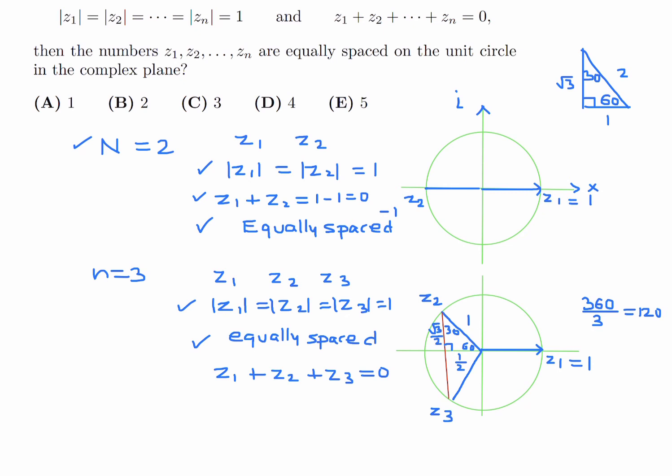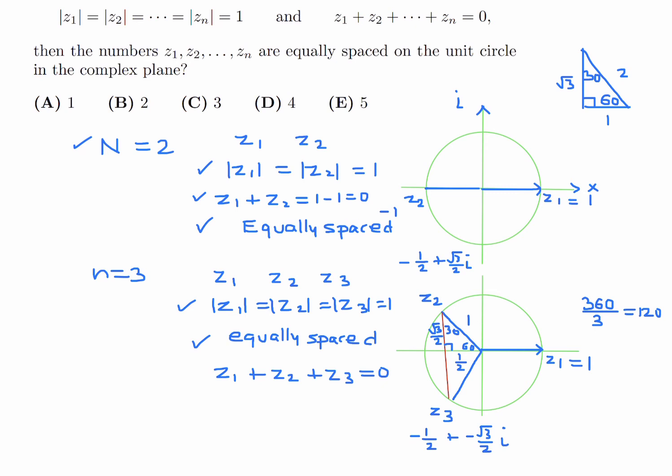So Z2, in terms of its complex number coordinate, is minus a half, because that's the real part, plus root 3 over 2 i. Z3 is minus a half, that's the x part, plus minus root 3 over 2 i.